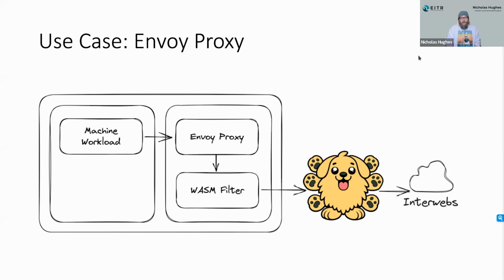So just to talk through a couple of use cases here. Like I said, this works great for our Envoy proxy use case. We only need to define WebRetriever as the one cluster or external endpoint that we need access to. And then our WASM filter can request the world, right?